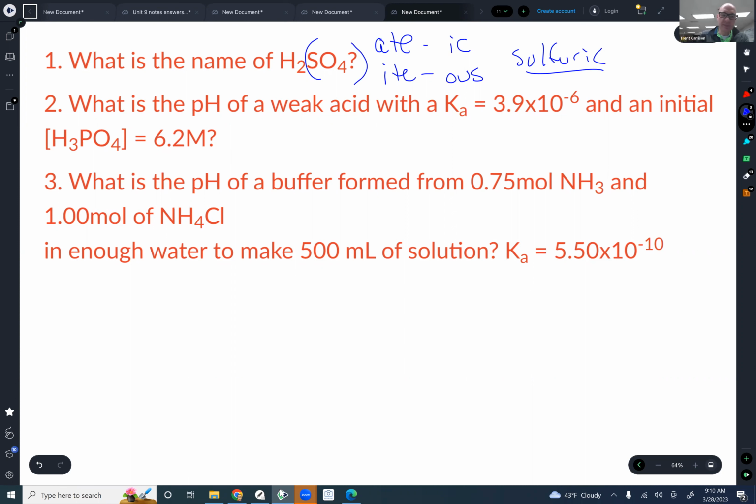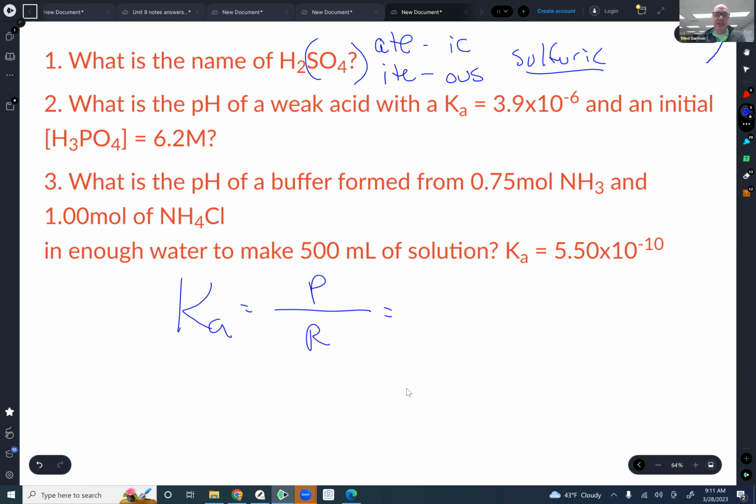Okay. Now we've got question number 2 here, and it is dealing with the pH whenever we are given an acid, a Ka value, and we're given the initial amounts here. So what we have is a Ka, which is essentially the products over the reactants.